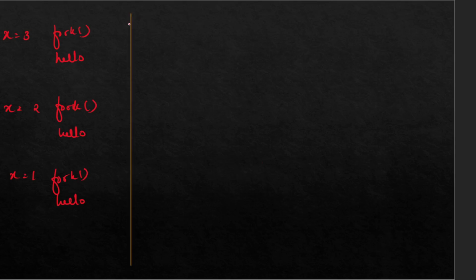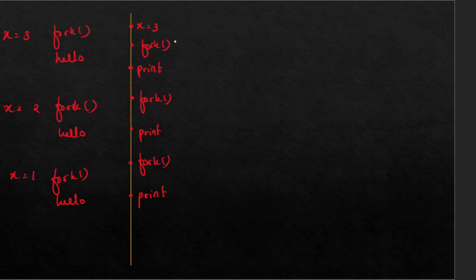So here x is 3, after that fork is there, after that print is there. Again for 2, a fork call is there, after that print is there. Then again fork is there, and print is there.